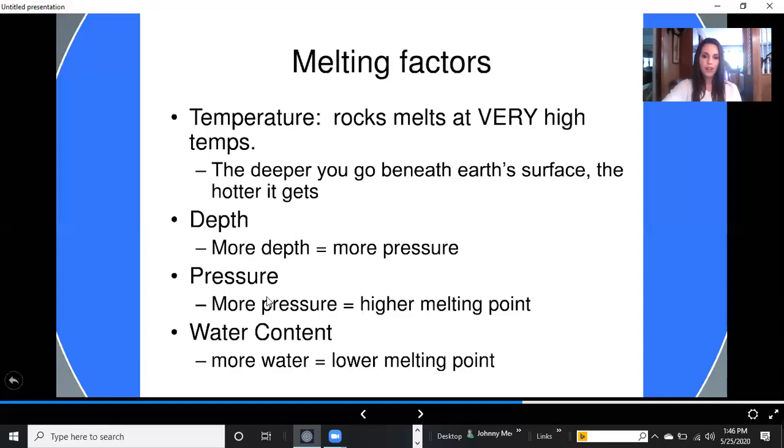The more pressure you have, the higher melting point you're going to have. So if you have more pressure pushing on these elements, it's going to take a higher melting point to get these rocks to melt. And then water content. If they have more water in them, it's a lower melting point. It doesn't take as long to melt.